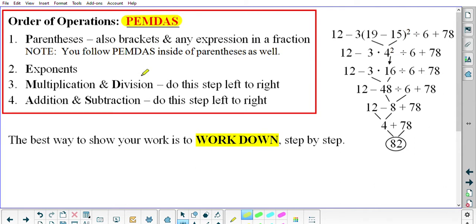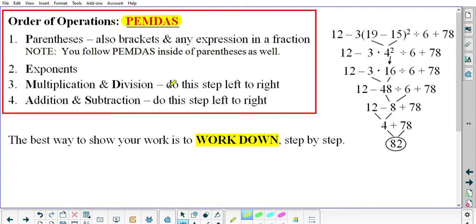Now, there's a little bit of extra stuff that we're going to dive into in these guided notes. One of those things is that parentheses can also include brackets. They could also include any expression in a fraction. We'll get into that on the second page of the guided notes. Multiplication and division: you might be like, do I always multiply before I divide?